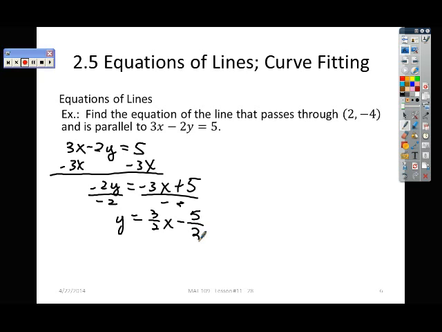Why would I want to put it in that form? I said I was looking for slope, didn't I? Why does this form help when I'm looking for slope? What's this number?